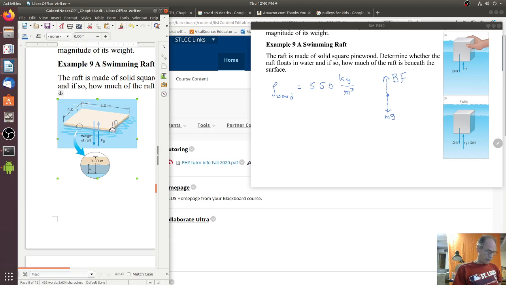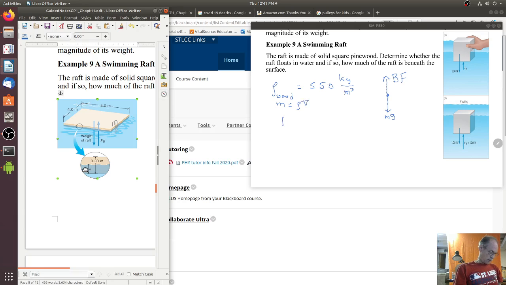Now, the buoyant force depends on h, depends on how much of the raft is below the water. And in fact, the equation I'm going to use here is that m is equal to rho times v, the volume.